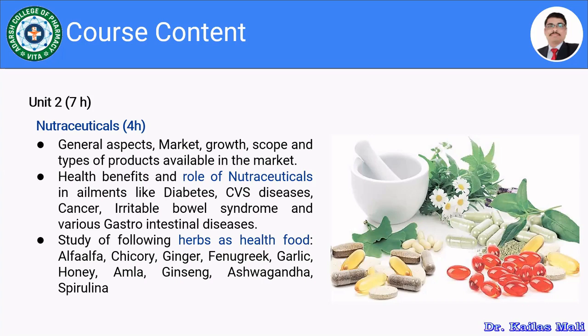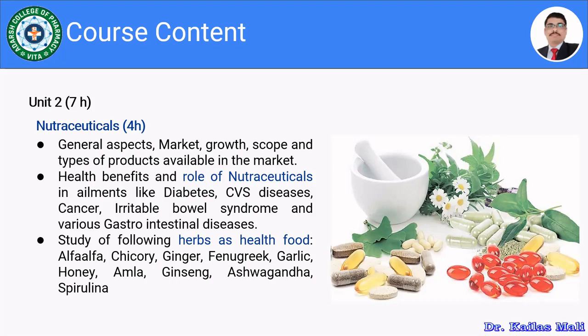More than 50% of these herbs as health food we already know or consume daily, say for example ginger, fenugreek, garlic, honey. Whatever remains is somewhat newer, which is also a part of nutraceuticals.